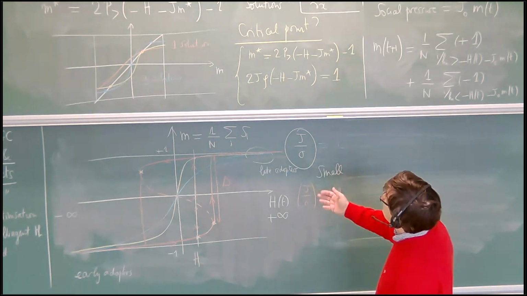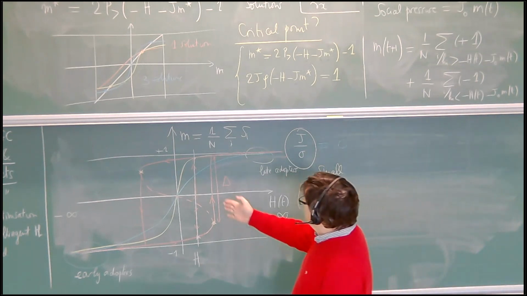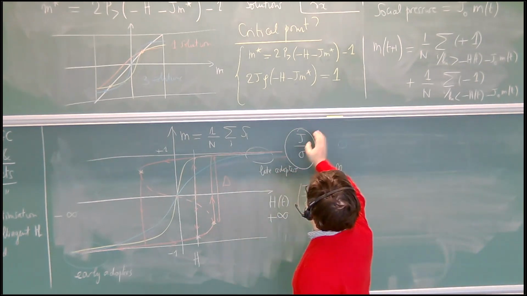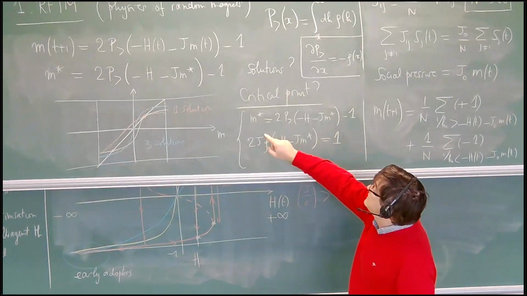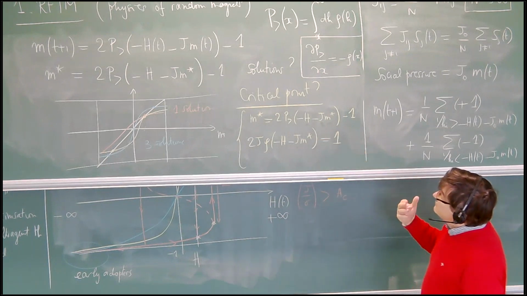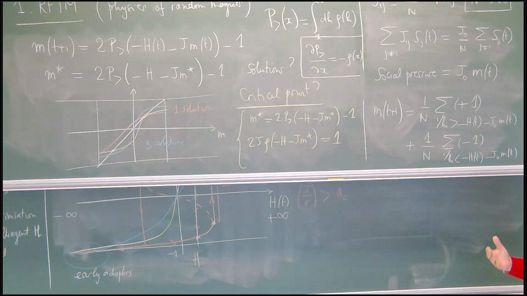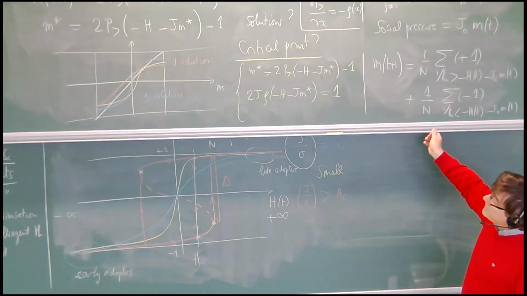Of course, you can think of it differently. You can think of the problem at a given value of h, say this one, and then these two equations would determine m star and j would be the critical value for this value of h, the amount of imitation that you need to include in order to get 3 solutions.